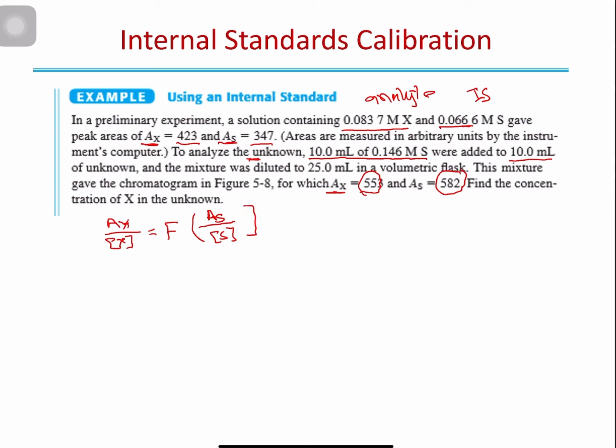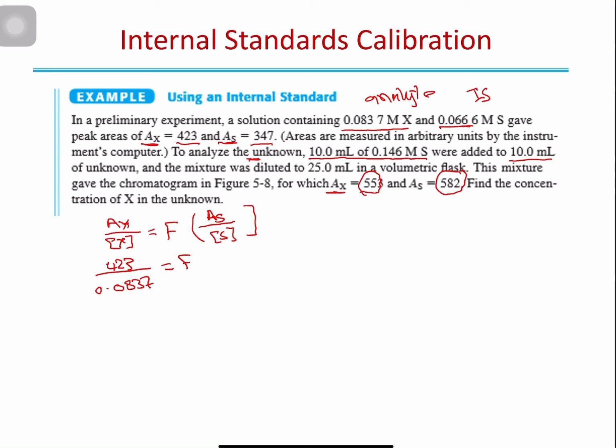Now we're going to use the data from the first step of the experiment, when we used a certain standard solution of our analyte. So the AX here is 423, and the concentration of our analyte is 0.0837.